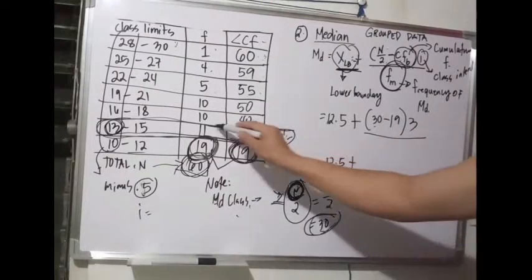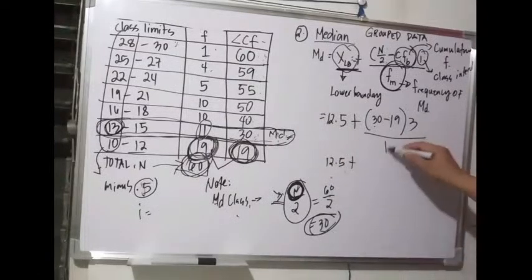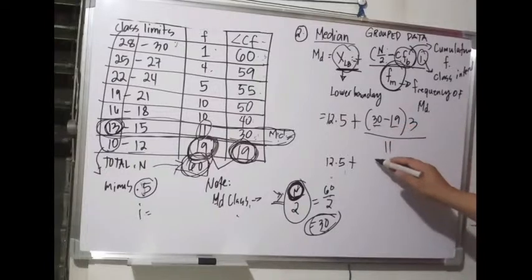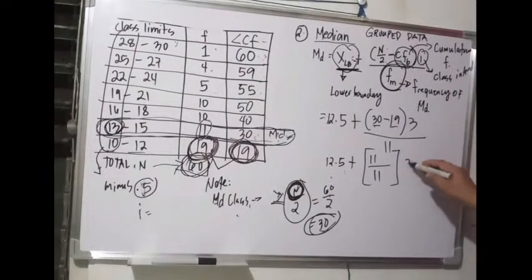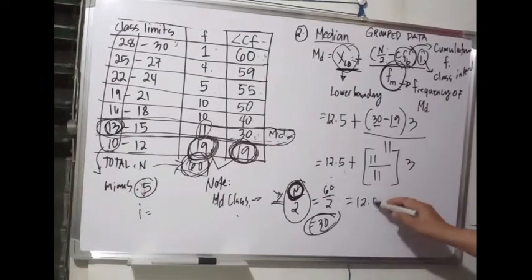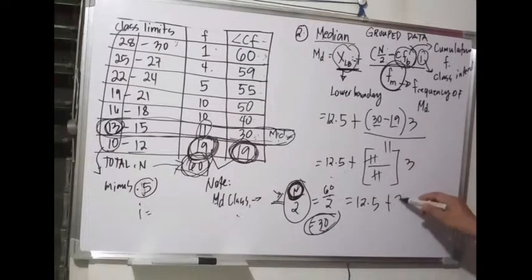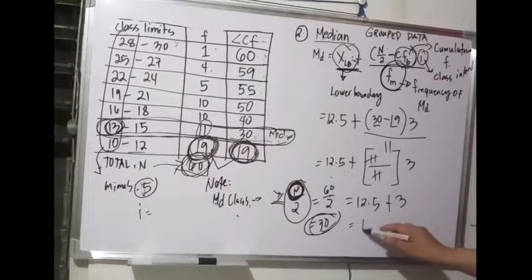That is 11. Median class. Next, 30 minus 19, that is 11 over 11 times 3. So equals 12.5 plus, ma-eliminate 11 divided by 11, 1 times 3, that is 3. So 12.5 plus 3, that is 15.5.